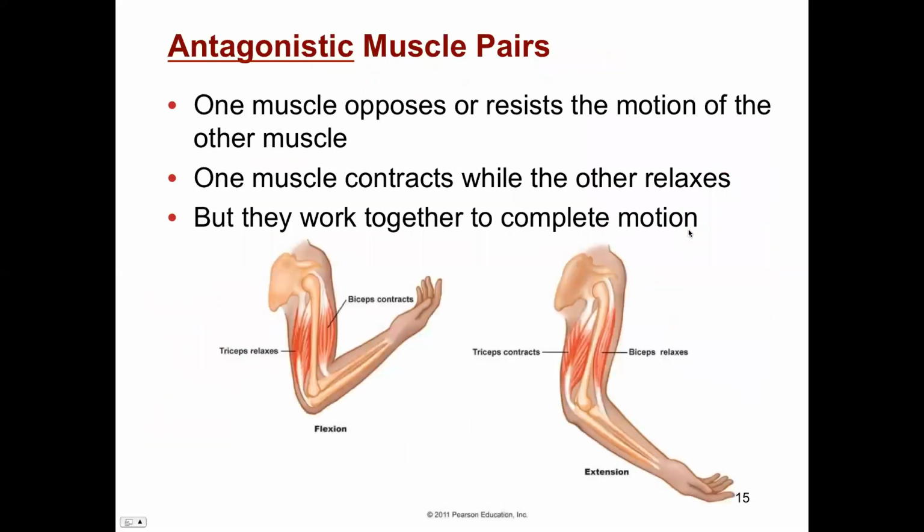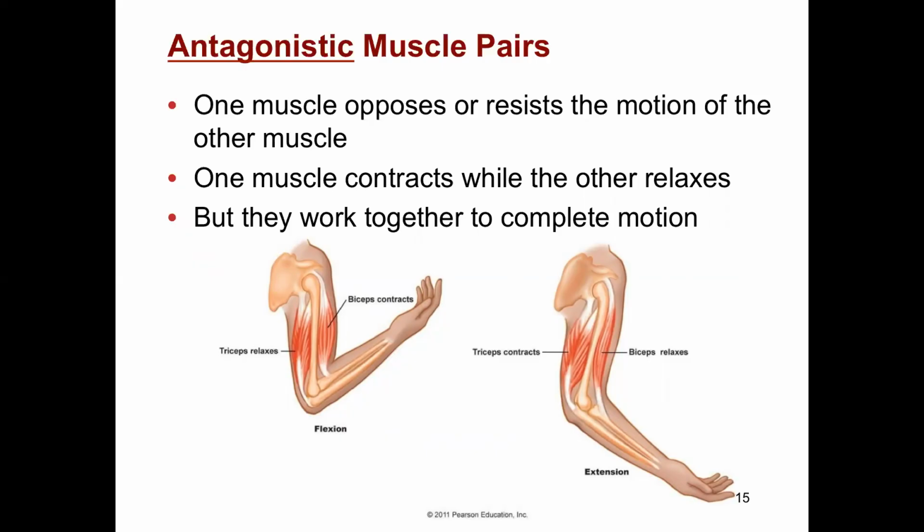Okay. Now, antagonistic muscle pairs. So very often muscles work in opposition to each other, because remember, the action of a muscle is contraction, all right? And again, using the biceps and the triceps, these are really good examples of antagonistic muscles, because in order to complete the action, you have to have an antagonistic pair, right? If you take English, the antagonist is always the one that's rebelling against the protagonist, right?